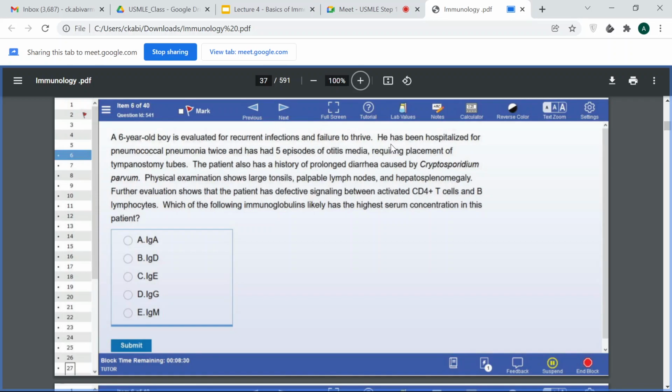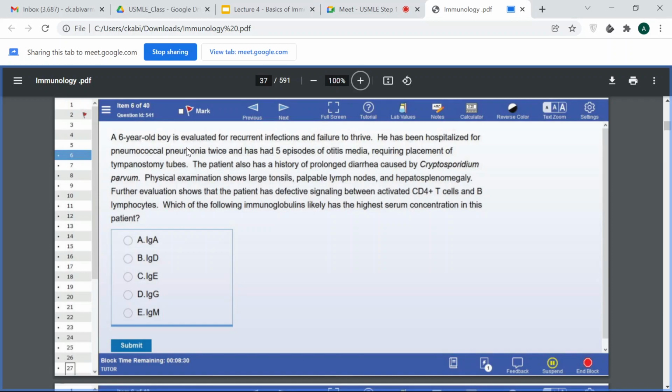Then you move on to he has been hospitalized for pneumococcal pneumonia twice, 5 episodes of otitis media requiring placement of tympanostomy tubes. You can take this information at face value, as an elaboration of what recurrent infections is. Pneumonia is usually an infection of your respiratory tract, which is a mucosal area.